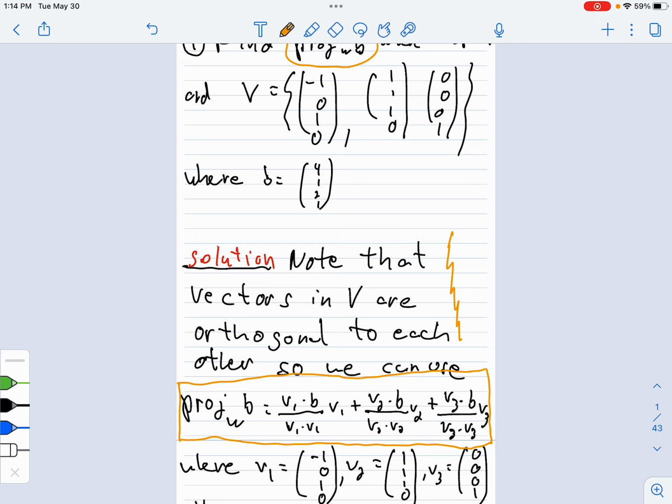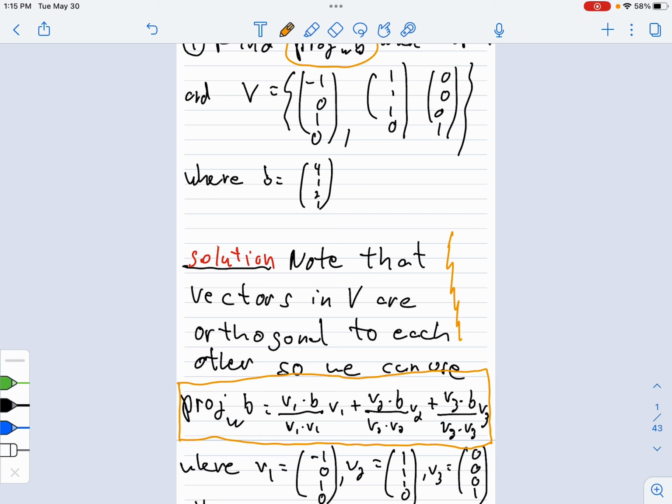Essentially, the way the formula works is that you have these orthogonal vectors, v1, v2, v3, or however many vectors are in your basis, and you dot them with the vector that you're projecting onto the space.